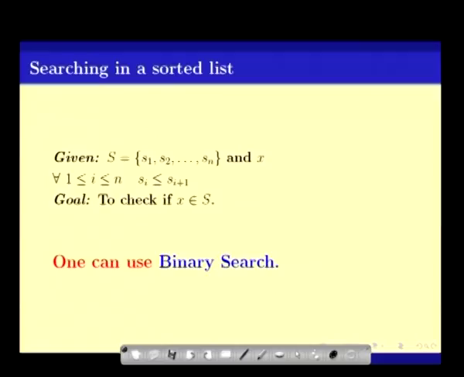Of course, exhaustive search will again do the job, but it will require us to compare x with S1, then S2, then S3, then Sn, all the n elements. So, exhaustive search will require n comparisons, whereas using binary search we can do something slightly better.